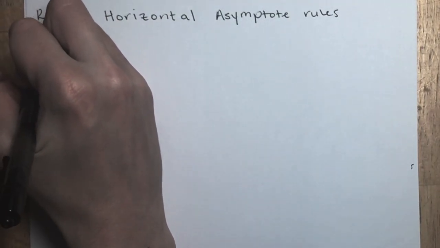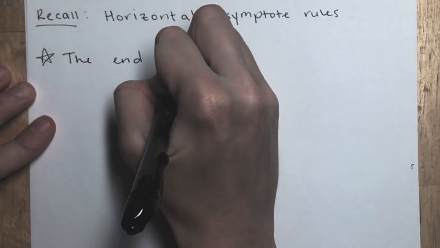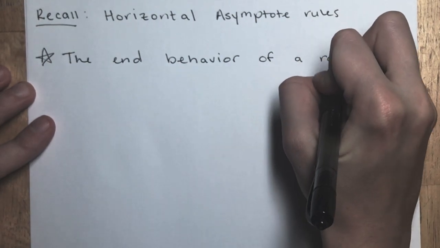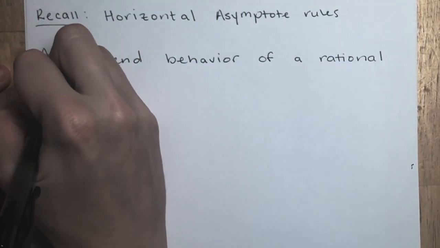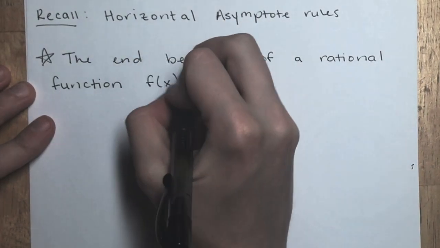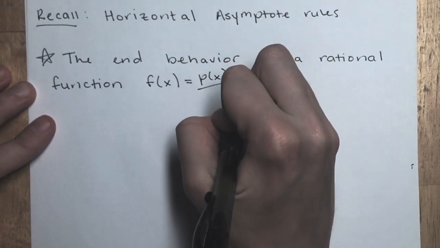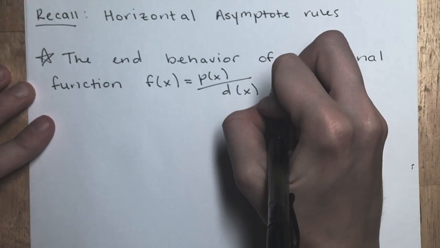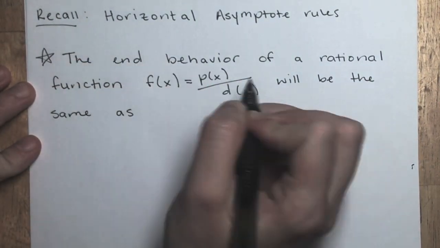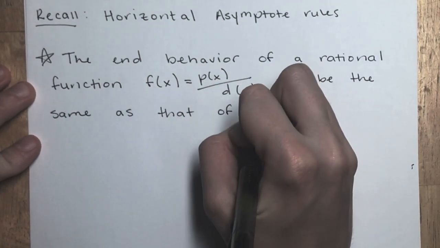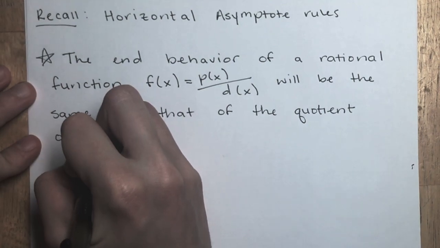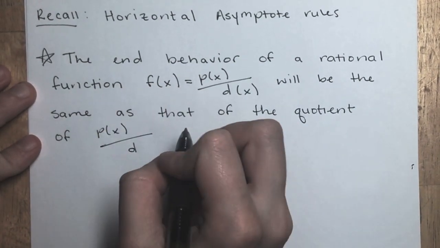So the end behavior of a rational function f of x, p of x over d of x, will be the same as that of the quotient of p of x over d of x.